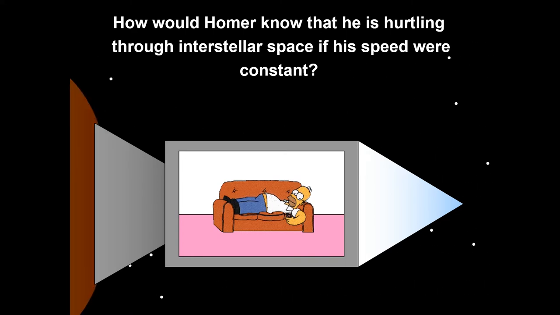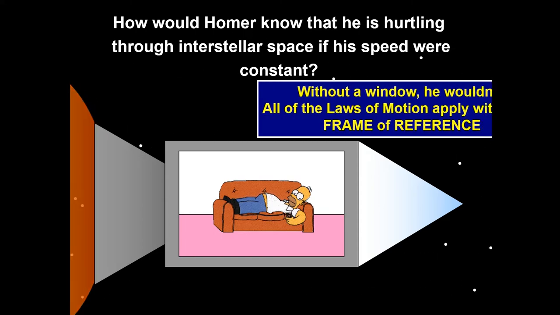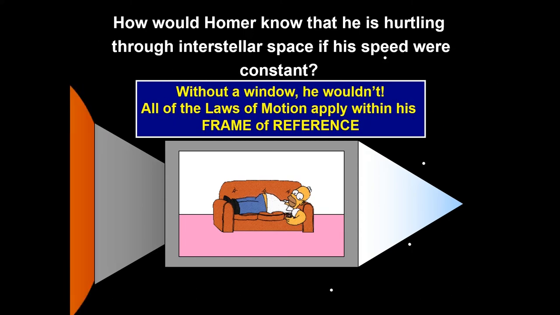We don't really feel like we're traveling through the galaxy, but yet we know we are. Well, simply speaking, without a window, he wouldn't. All of the laws of motion apply within his frame of reference, meaning inside Homer's spaceship, all of the laws of motion apply, and he would have no way of knowing that he's traveling. Same thing here on Earth.